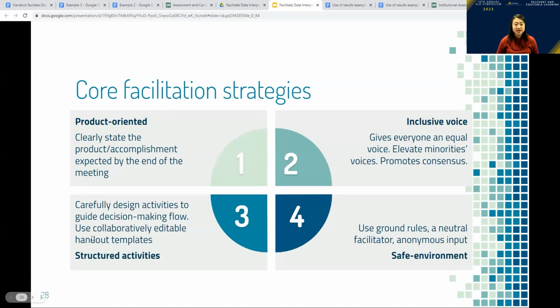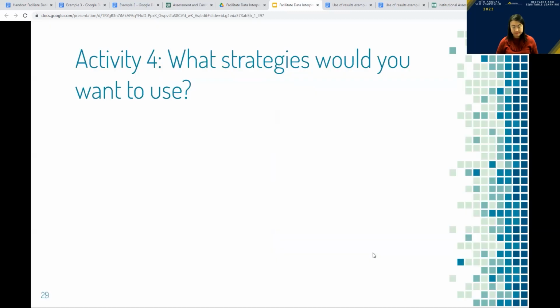Use collaboratively editable handout templates so that everybody can work there, everybody can see what everybody else is writing. Use ground rules so the discussion can happen collegially, on time, on point. Be a facilitator that remains neutral. Sometimes if it's sensitive, allow anonymous input. I already talked about these facilitation strategies while giving the examples.